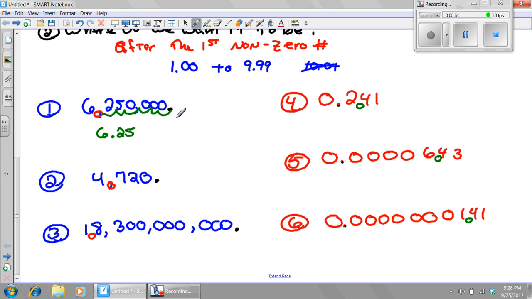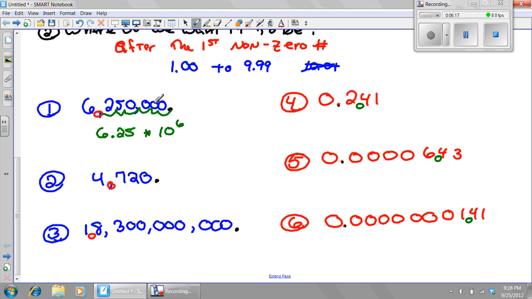But what I really did there is I divided this number by a multiple of 10. I divided by, let's see, 1, 2, 3, 4, 5, 6, by 10 to the 6th power. So to make my number keep its same value without changing it, I have to multiply it by 10 to the 6th power.